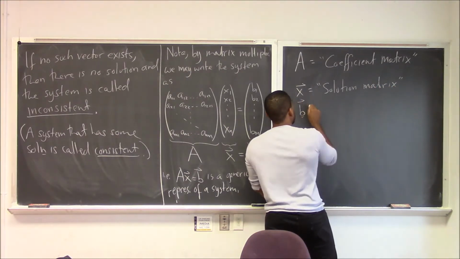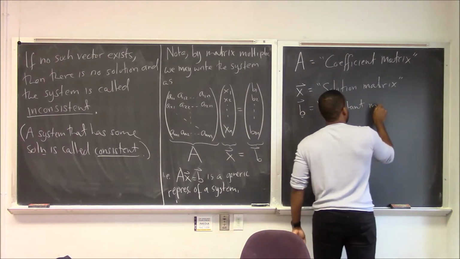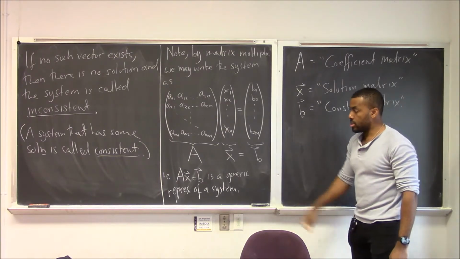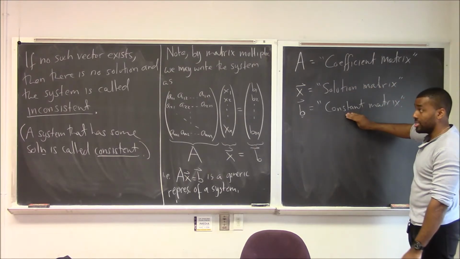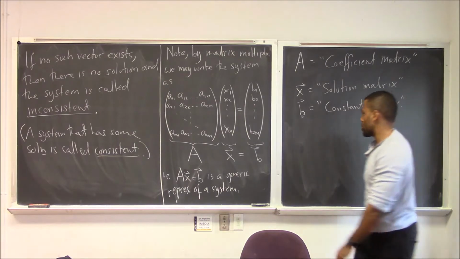And B is called the constant matrix. So you have a system like this, and that's your coefficient matrix, that's your solution matrix, that's the constant. To solve the system, you need to find this guy that makes everything work.